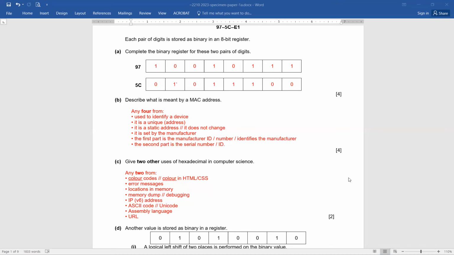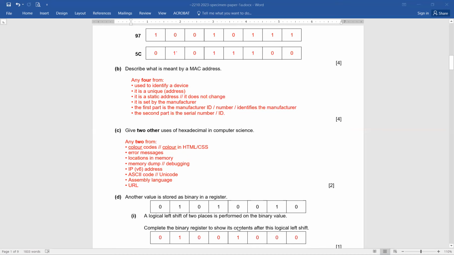Now the next part is another value stored as binary in a register, and you can see the value given, written as 01010010. A logical left shift of 2 places is performed on the binary value.